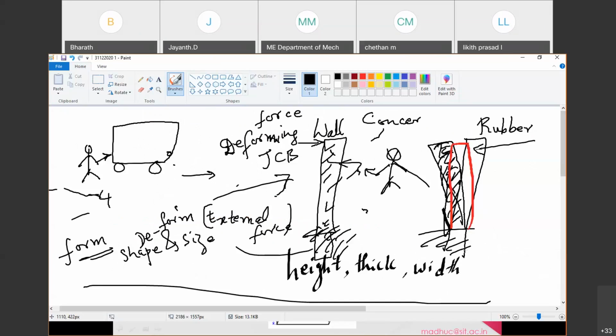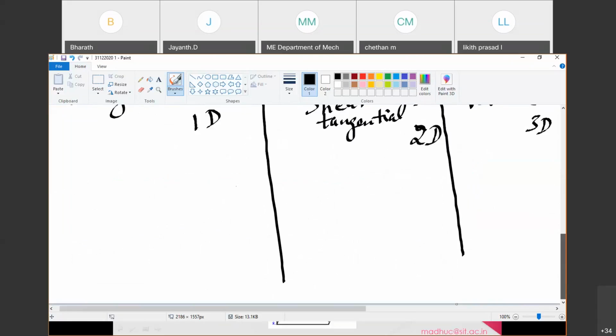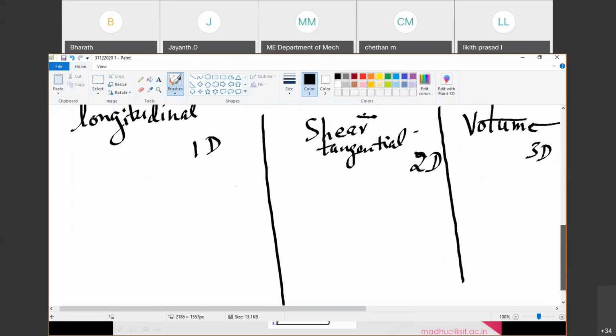Then only can I say you can build this pillar. In the same way, if you take any object, you need at least three dimensions or three variables to describe its physical appearance. Now, longitudinal I told is 1D, shearing 2D, and volume 3D.